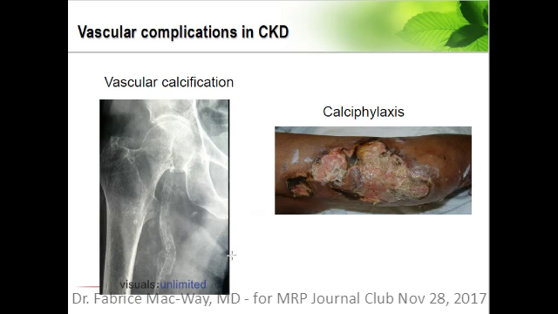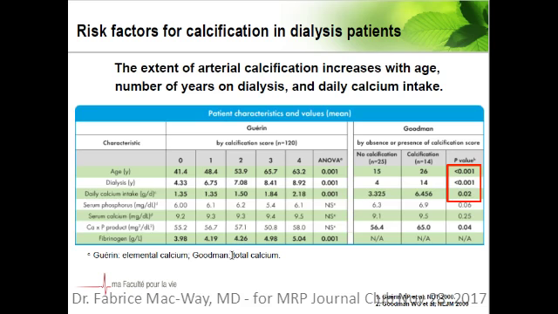It's well documented now that one of the factors associated with vascular calcification, of course, is age, the time you spend on dialysis, but also the amount of calcium you give to the patient. And the more vascular calcification you have, the higher your risk of mortality.